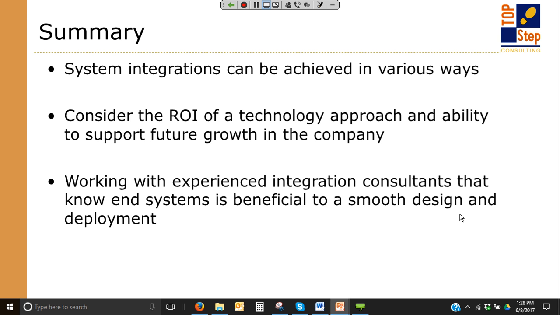So if you're integrating, let's say OpenAir and Salesforce together, make sure you have someone that understands Salesforce as a platform and OpenAir as a platform while they're doing the integration. And that should make for a smoother design. That way you'll avoid some of the pitfalls that could happen if you're working with someone who knows the integration really well, but they just don't know the end systems that they're talking about. Big lessons learned there from probably many of you that have gone through it, unfortunately, in the past.